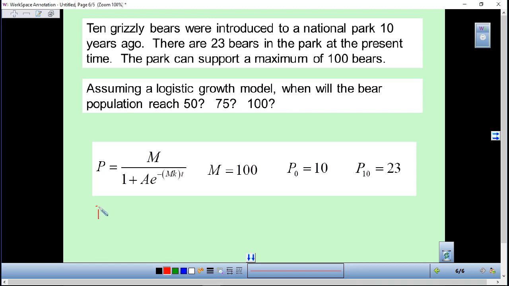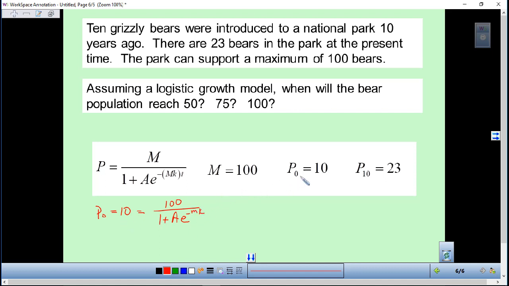You're going to end up with P sub 0 is equal to, and what do we know P sub 0 is? 10. And that equals 100 divided by 1 plus A times e to the negative mk.